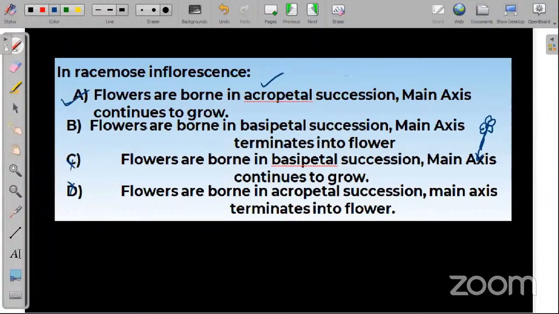Okay, so this is all about today's session. If you have any doubt, please ask in the chat box. If you don't have any doubt, you can leave for the day. If anything is not understood by you, then we will discuss this part as a revision in the next lecture also.